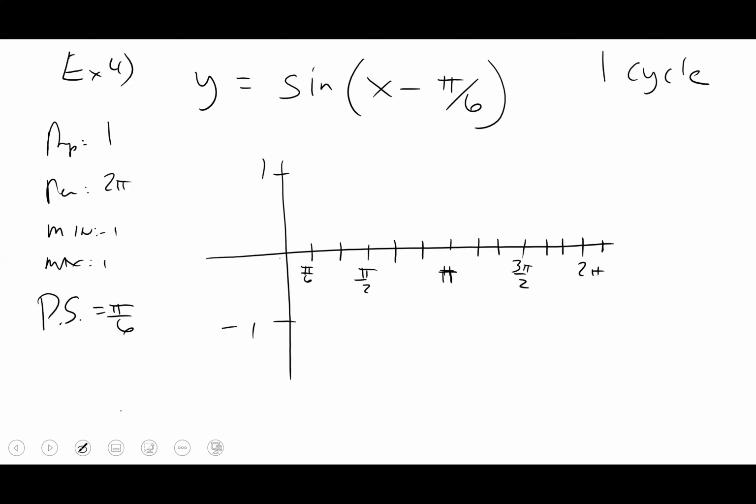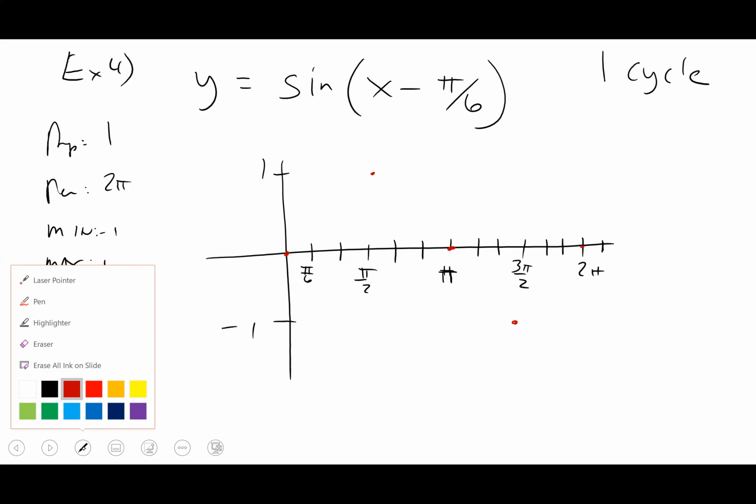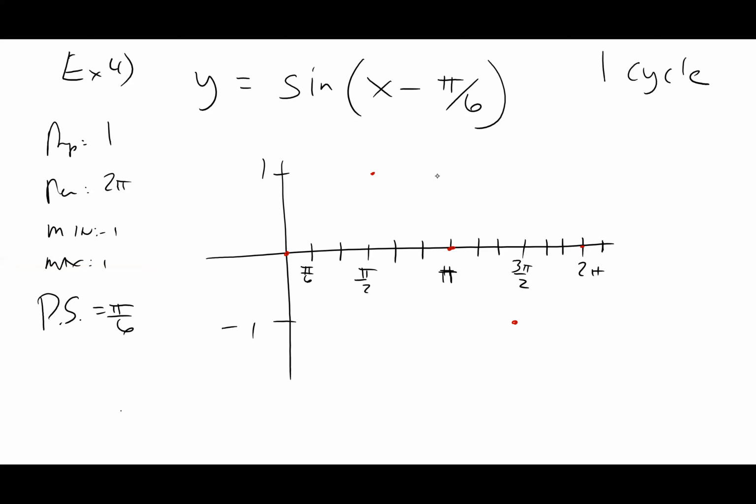Originally, sine would start off at 0. It would hit the 1 here. It hit the 0 here again. It hit -1 and back to there. I'll just use the same color again. So what we're gonna do is put a big dot right there now. Move this over to here.